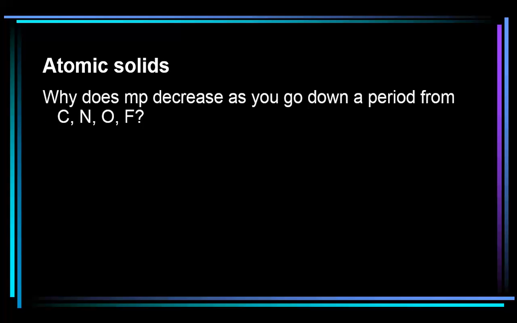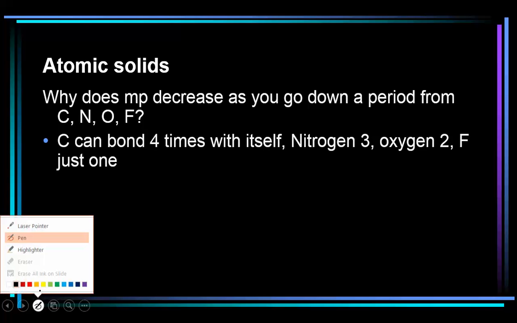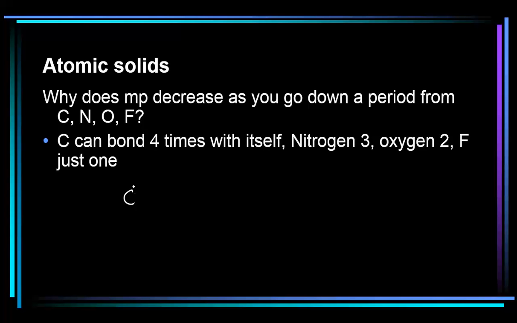Atomic solids. Why does melting point decrease as you go across a period from carbon, nitrogen, oxygen, and fluorine? It has something to do with the way they bond. Carbon can bond 4 times, so that makes it a stronger bond. Nitrogen will bond 3 times to itself.